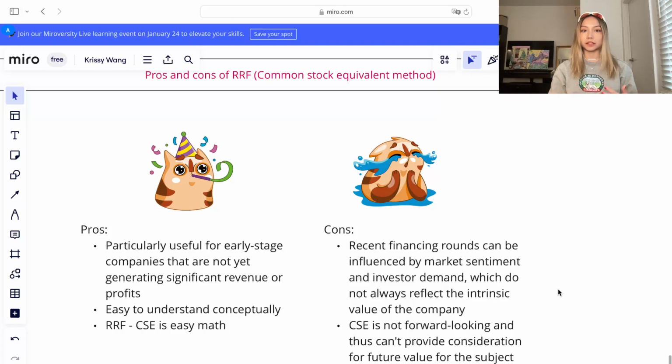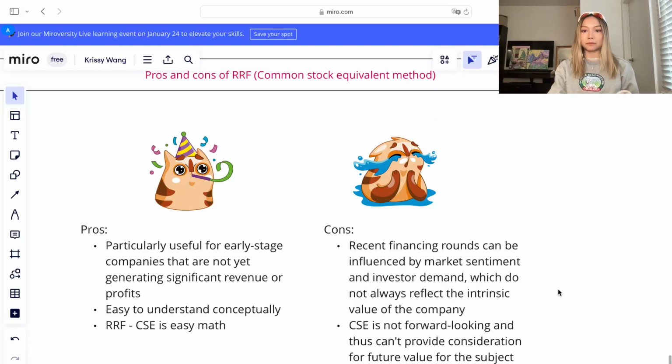Different investors have different perspectives, and at the end of the day, all our opinions are just biases. So that's the slight downfall of recent round of financing. It's also influenced by investor demand, demand and supply, right? If more people want it, it drives up the price, and sometimes the price is already detached from the intrinsic value of the company.